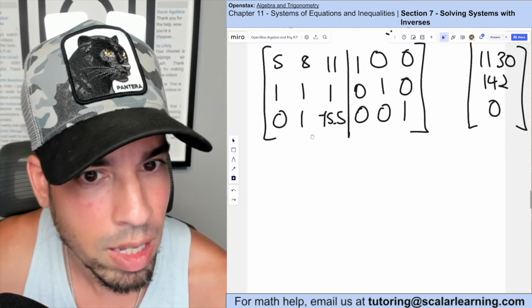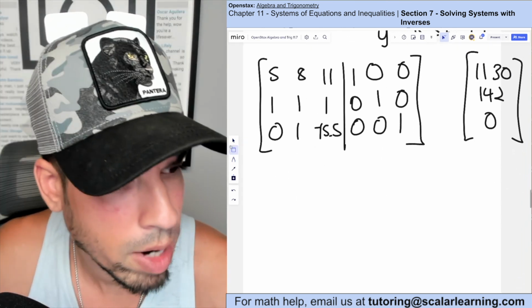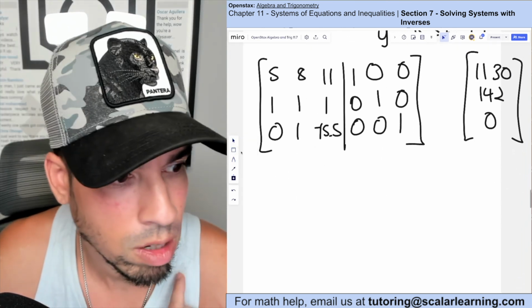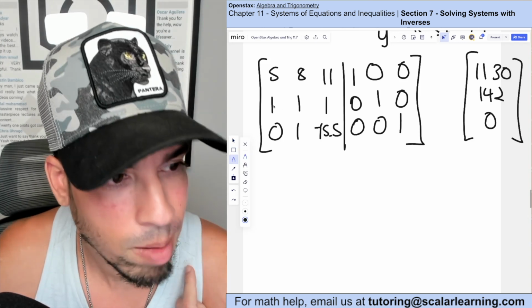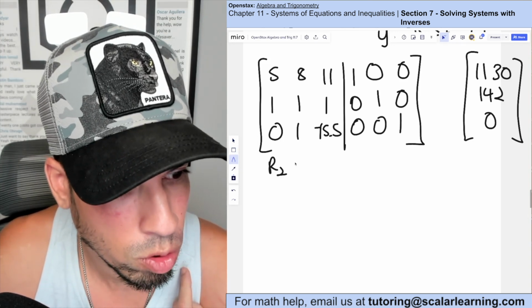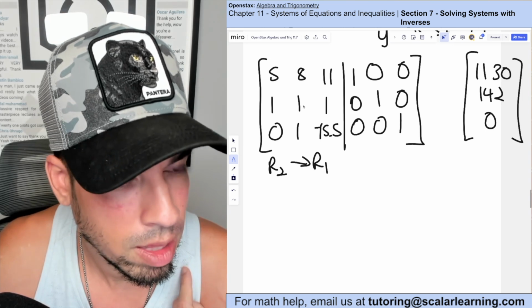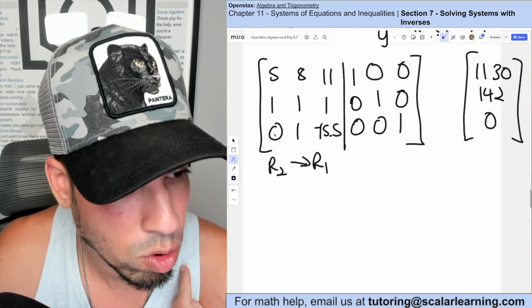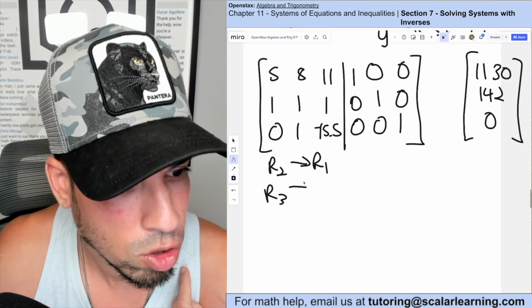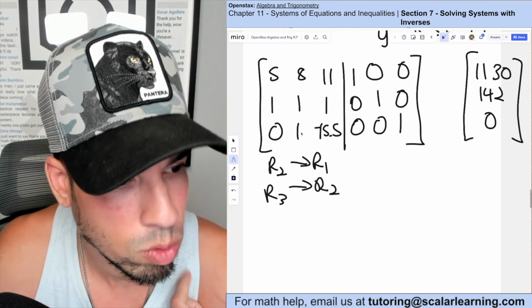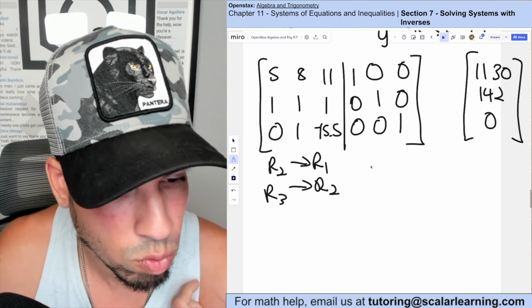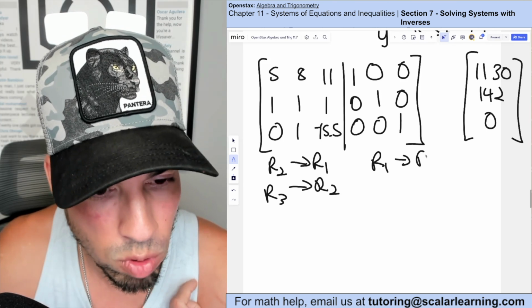Okay. Let's begin. First thing I'm going to do, which normally I don't do a ton, is a little switcheroo. I'm going to make row 2 go to row 1, and then I'm going to make row 3 go to row 2, and obviously that means row 1 has to go to row 3.